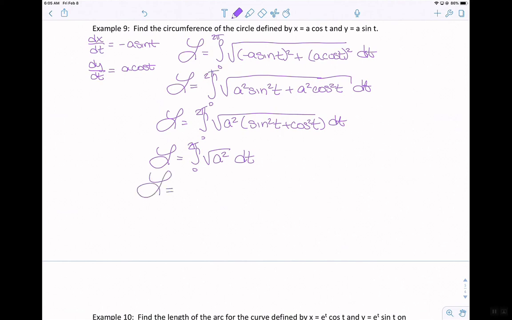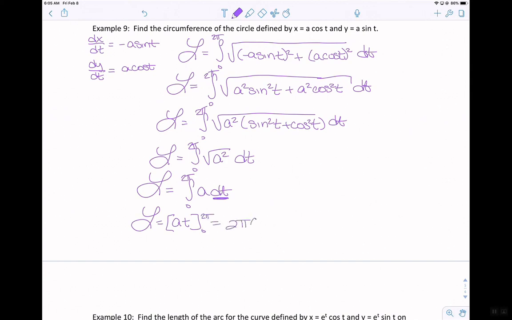So now the square root of a squared is just a, so this is the integral from 0 to 2 pi of a dt. So take the antiderivative of a with respect to t. So this is a times t evaluated from 0 to 2 pi.